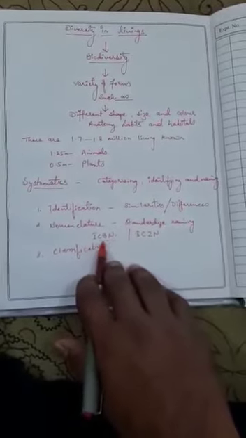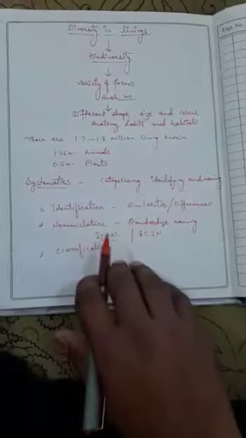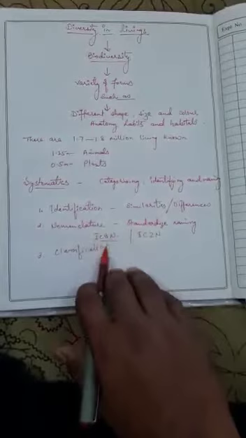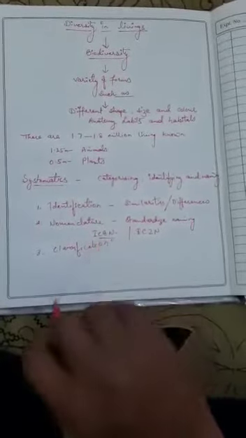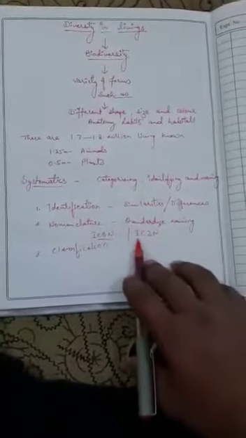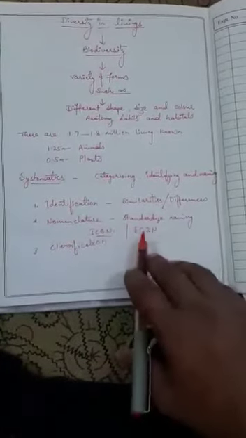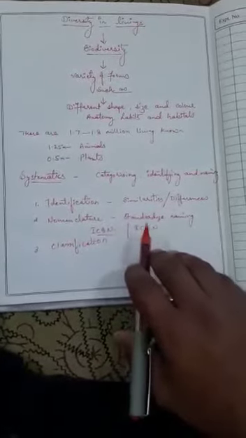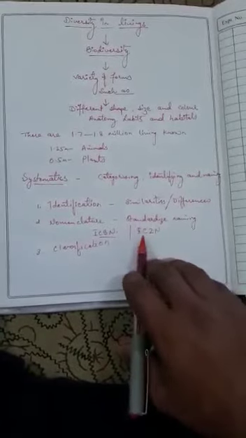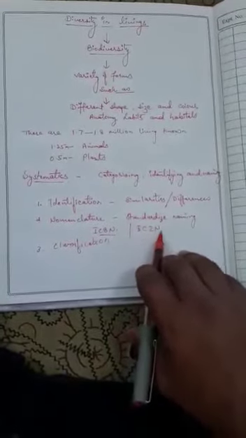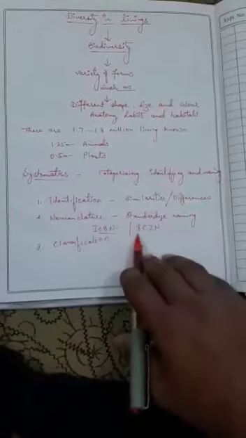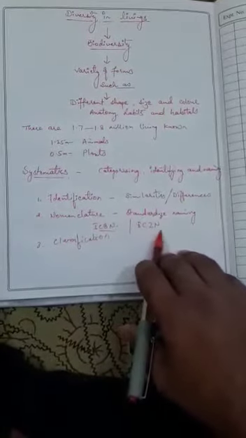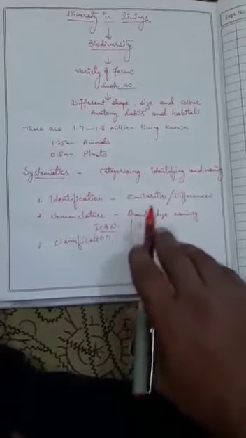That means this is the body which decides the names of plants, and then they are accepted all over the world. And if the organism is an animal, then the names are based on the International Code for Zoological Nomenclature. That means only when this organization approves the names are they accepted all over the world.